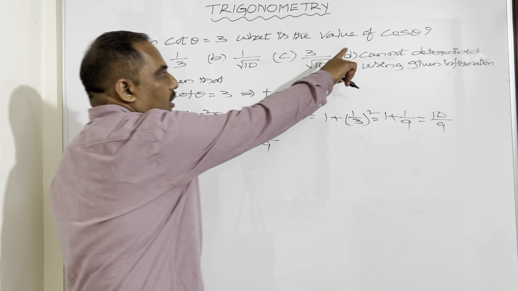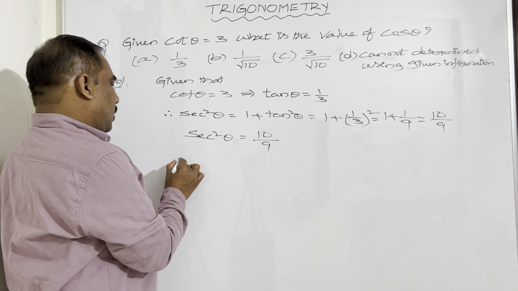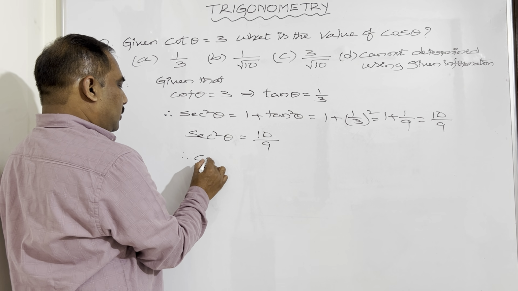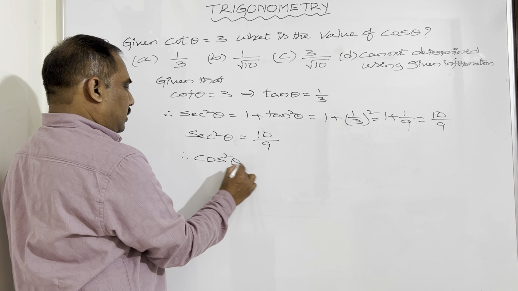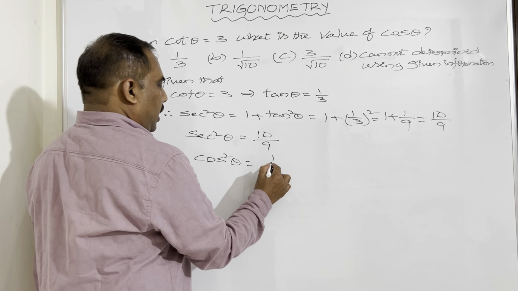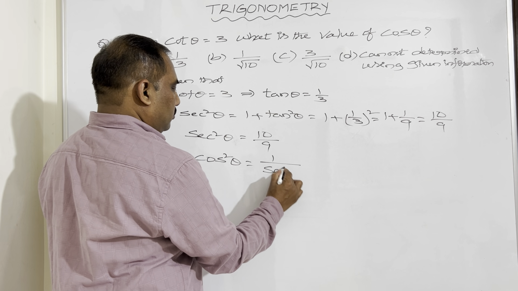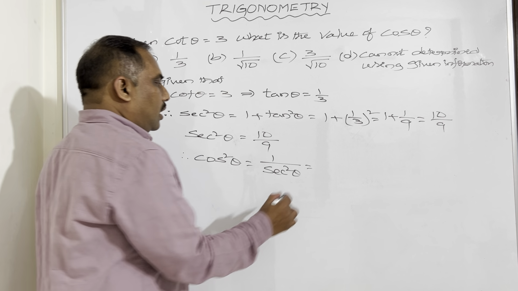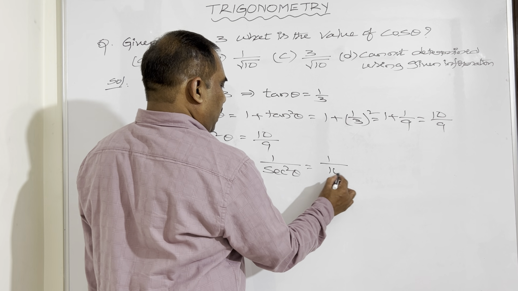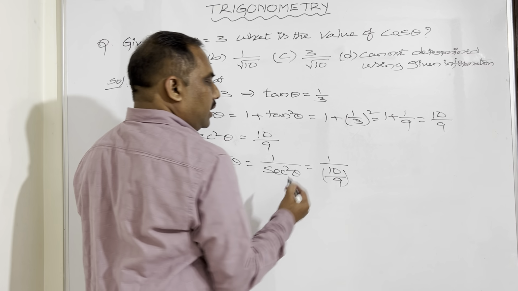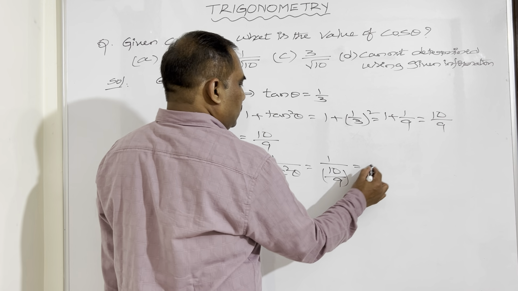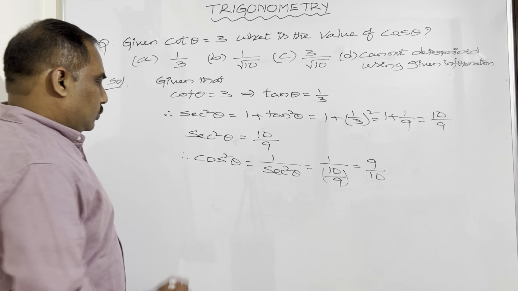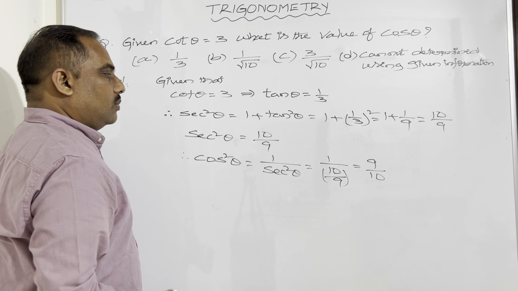We require cos theta, so cos square theta is equal to 1 by secant square theta. Now this is 1 by 10 by 9, which becomes 9 by 10. So cos square theta is equal to 9 by 10.